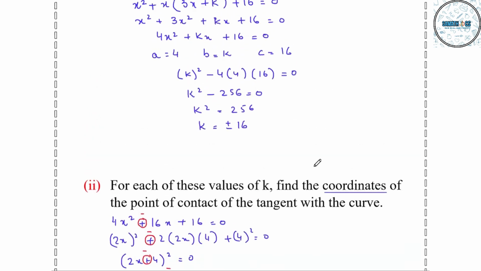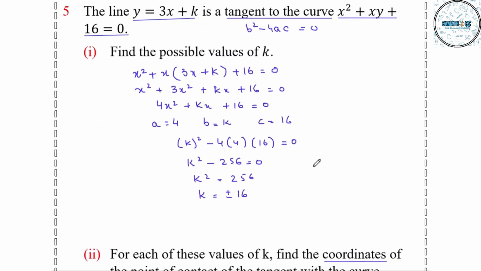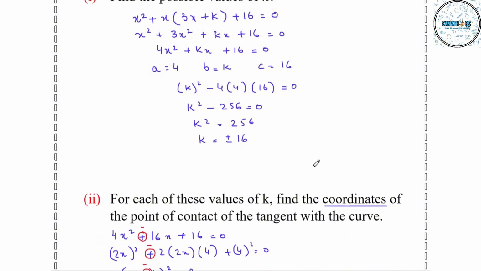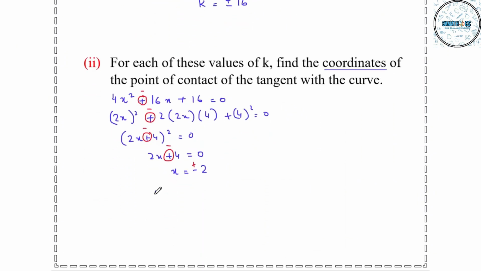Now we have to substitute these values of x in the equation y is equal to 3x plus k. So y is equal to 3 into minus 2 plus 16. So y is equal to minus 6 plus 16, which will give us 10.